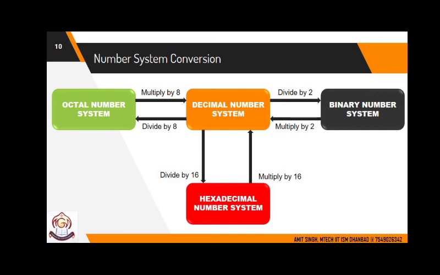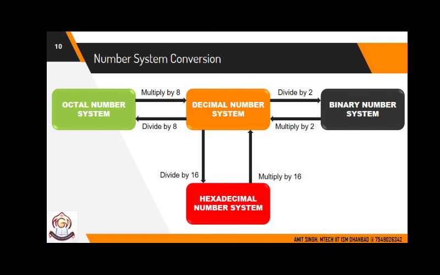Now on the screen there is a gist of conversion, where if we have to move from octal number system to decimal number system, we have to multiply the digit with 8.